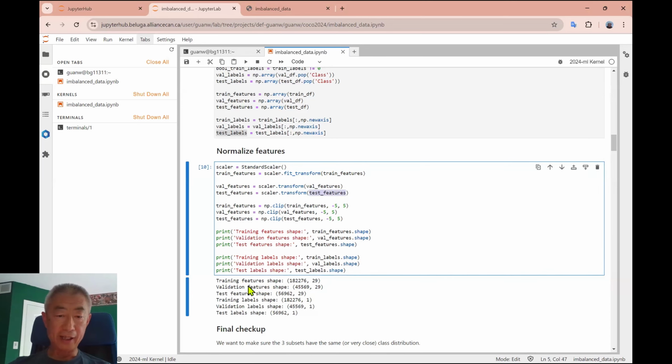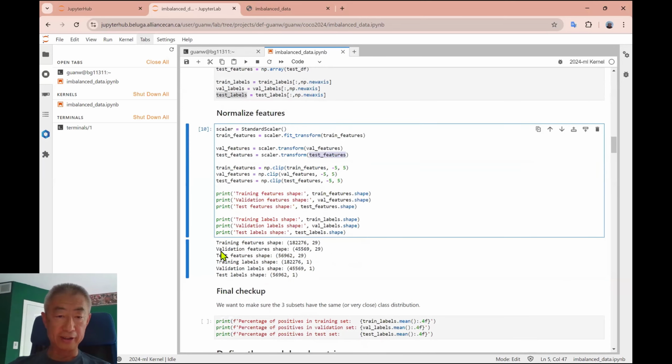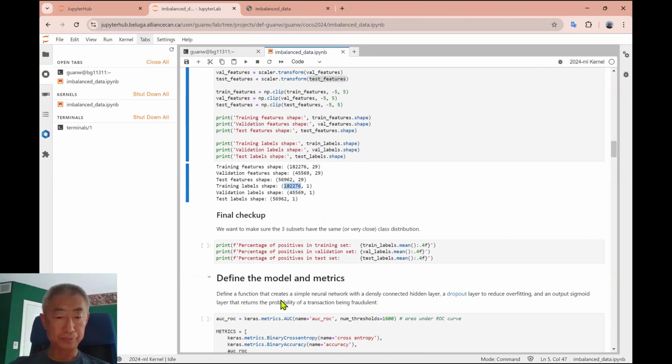And after that, I'm done. Here is the summary. You can see that I have 182,276 training samples. Each has 29 features. And this one is the labels. We are ready to go.